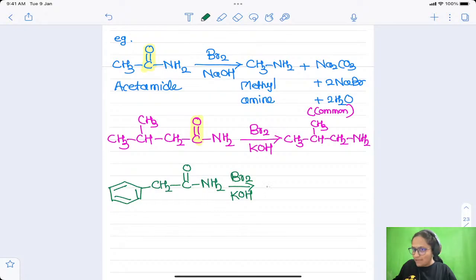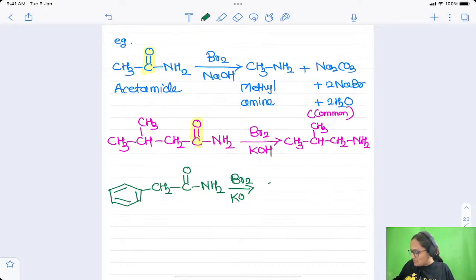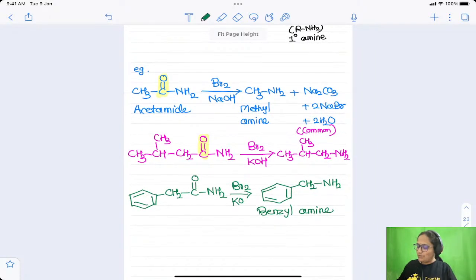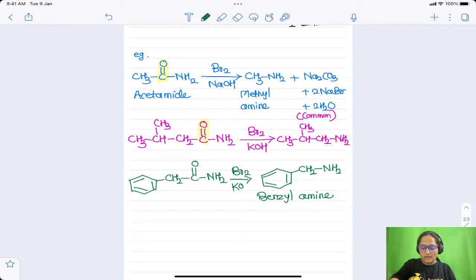So what we are getting: the ring will remain as it is, no difference in it, and then CH2 and NH2, that's it. Just the middle part you are going to delete. This is benzylamine. So you are only going to do one thing, that is you are simply going to delete the middle part. Take a screenshot of this page.